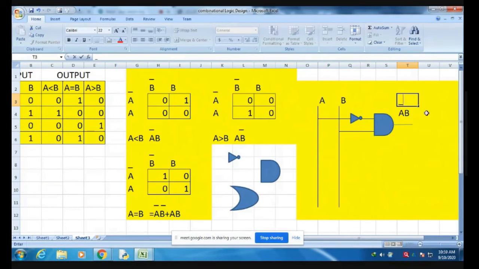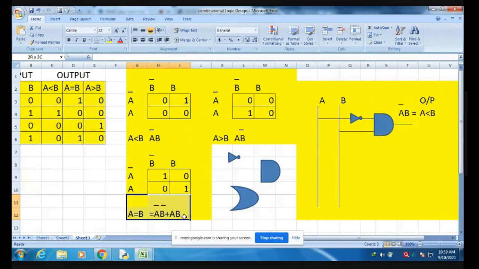A bar B, that is equal to A is less than B. Right? This is my first output.